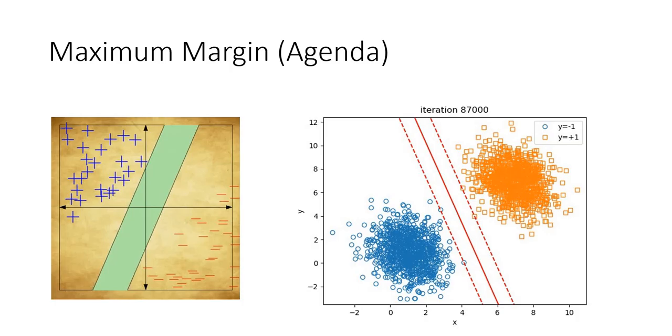So why do we want maximum margin? Because a boundary with a larger margin is generally less sensitive to small changes in the training data. Imagine drawing a line extremely close to one class. A small change in a new data point could cause misclassification.